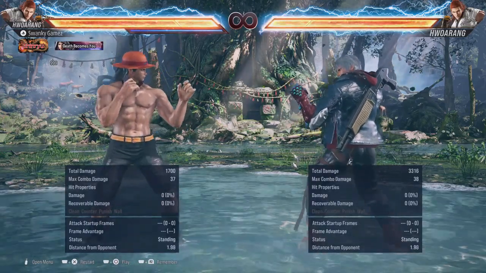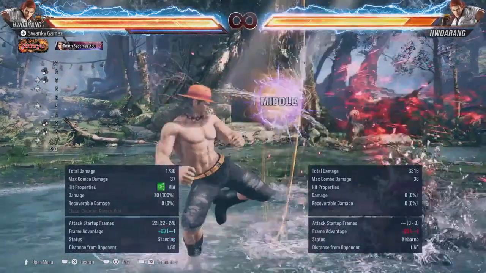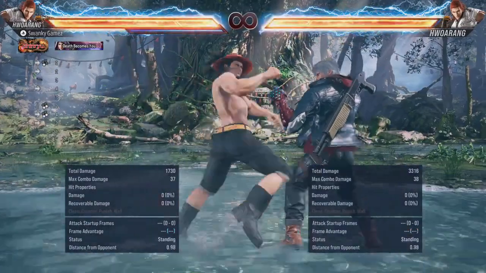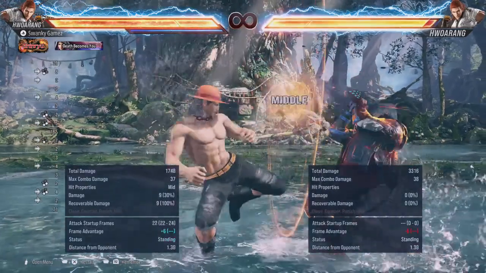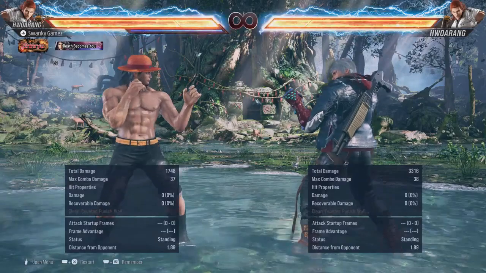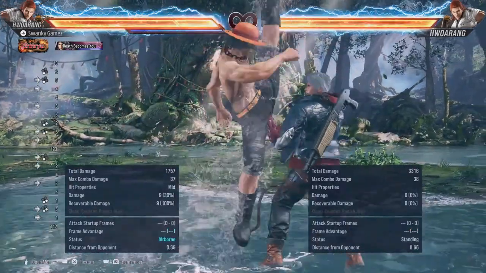When you're looking at moves that actually do have plus frames, for example, a lot of running moves tend to have plus frames. For example, it's a very good idea to consider what you can do as a follow-up.